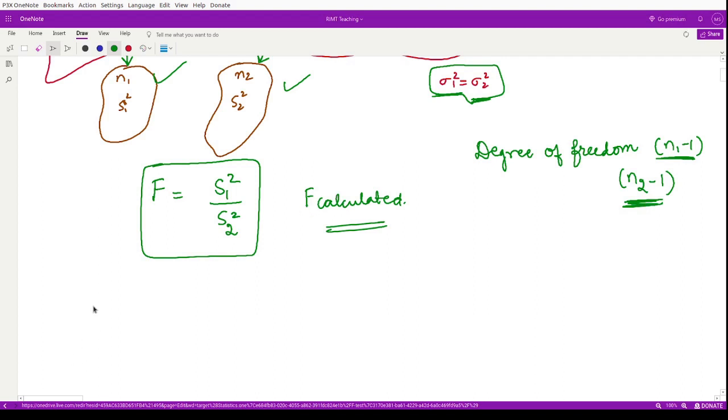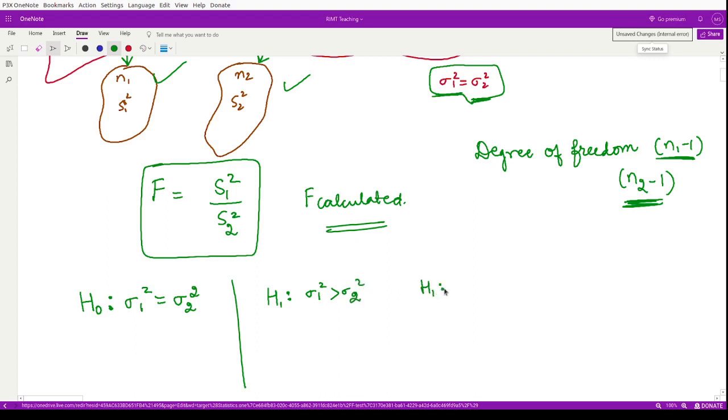So how do we formulate the hypothesis? Your null hypothesis would be that the variances of both the populations are equal to each other. For the alternative hypothesis, we again have 3 cases. In the first case, we say that the first variance is greater than the second variance.